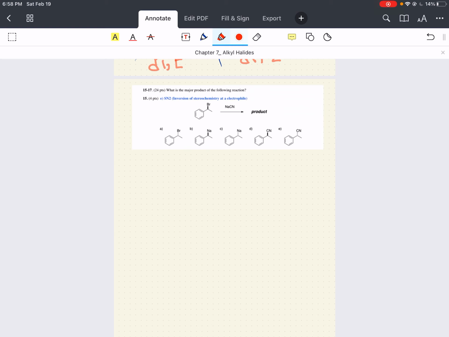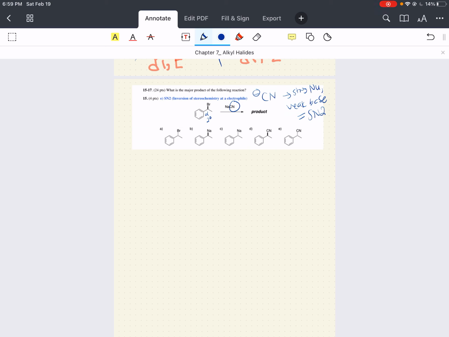This one says, what is the major product of the following reaction? We have an alkyl halide that is secondary. The alpha carbon is secondary. Oh, and look at that, CN minus. This is strong nucleophile, weak base. This gives us SN2.